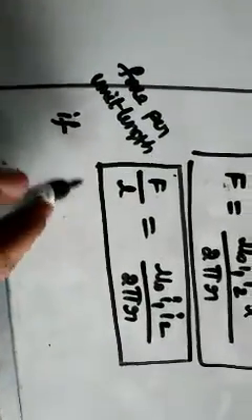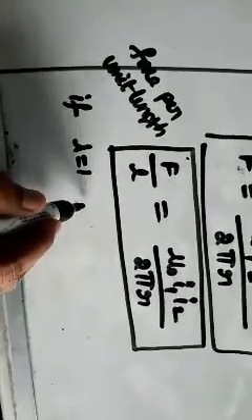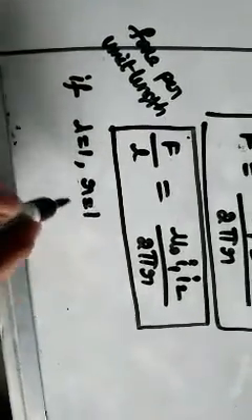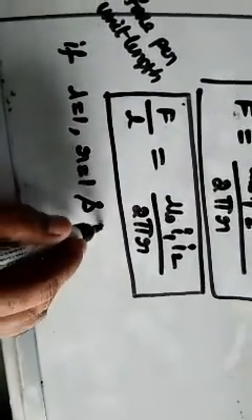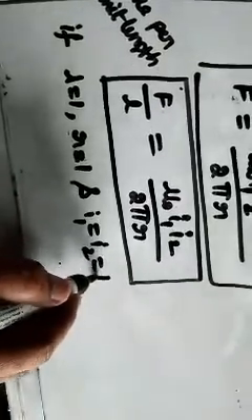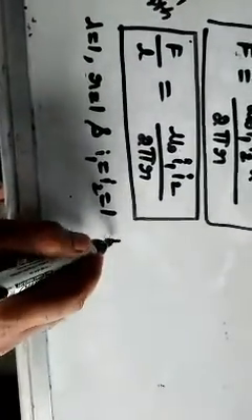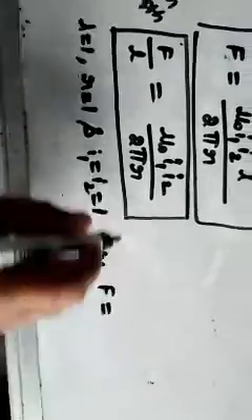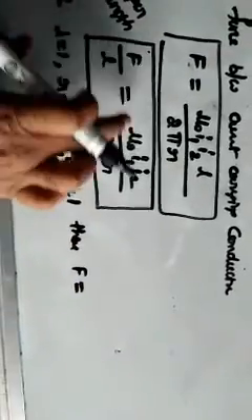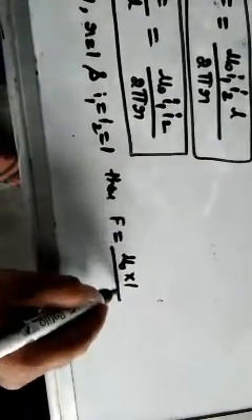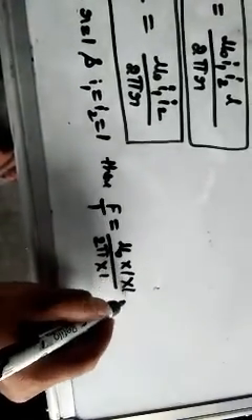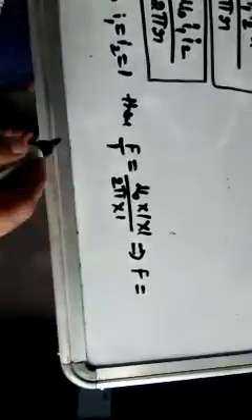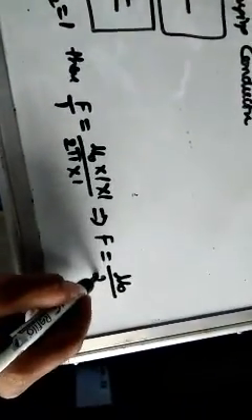If L is equal to 1 unit, distance r is equal to 1 unit, and I1, I2 are also equal to 1, then substituting all these, F is equal to mu 0 into 1 by 2 pi into 1, so F equals mu 0 by 2 pi.